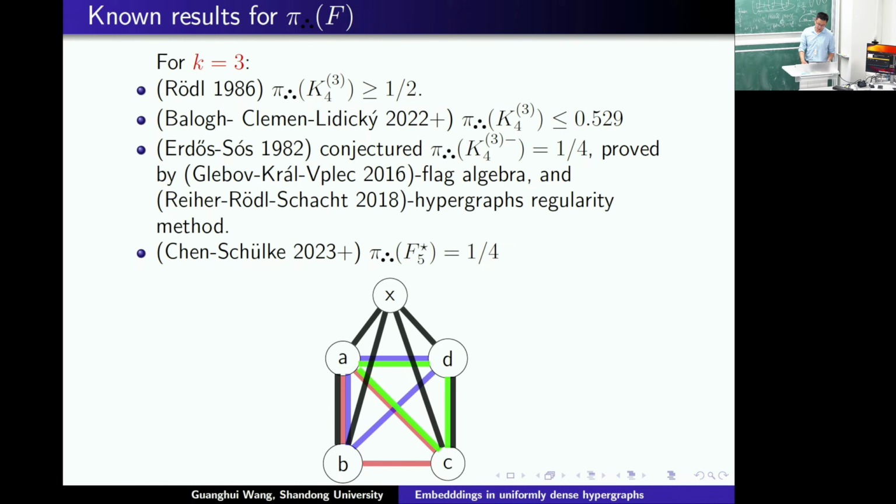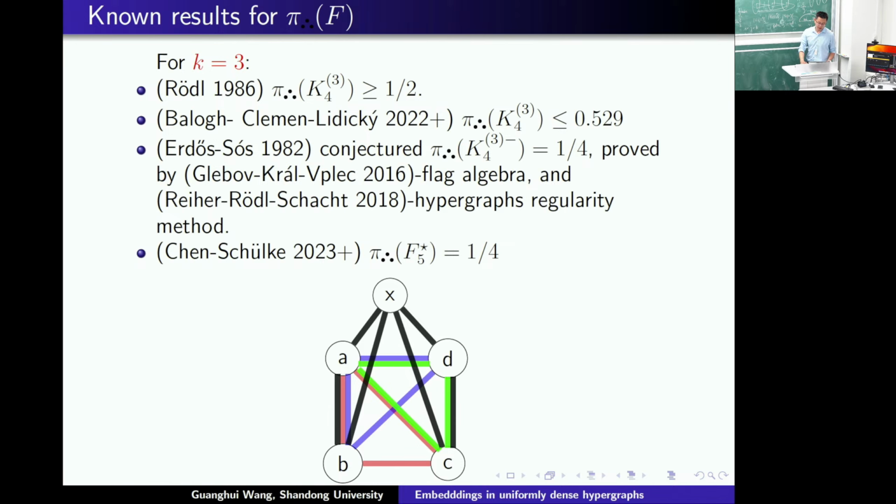It's easy to check that when there is a cyclic triangle, we put an edge in a graph on the same n vertices. The density is about 1/4, and there's no K4 minus.